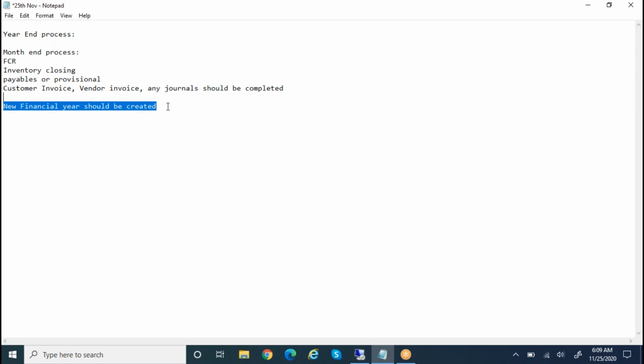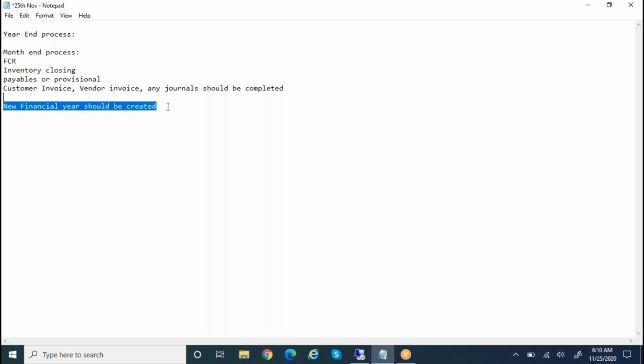And one more thing about this year-end process. Suppose you are practicing in a demo system, in USMF, where Microsoft already created sample data, suppose in 2015 and 2016. If you execute the year-end process for 2020, it will not be processed.